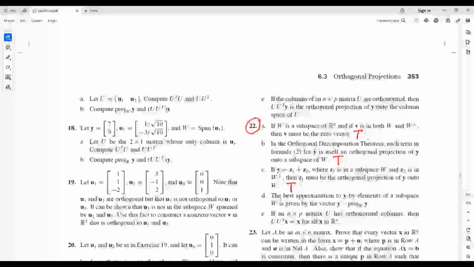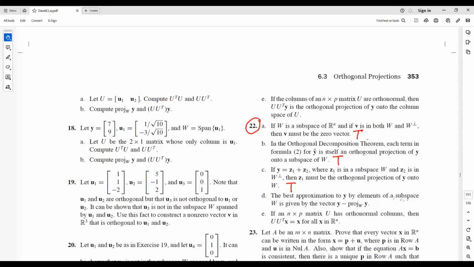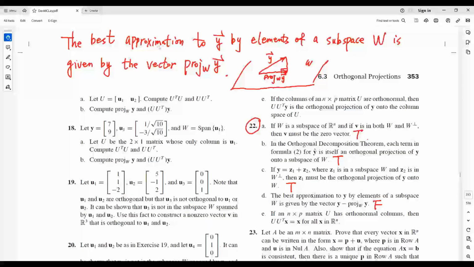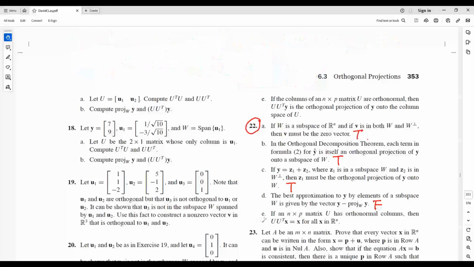D. The best approximation to y by elements of a subspace W is given by the vector y minus proj_W y. False. The best approximation to y by elements of a subspace W is given by the vector proj_W y here, not this one.